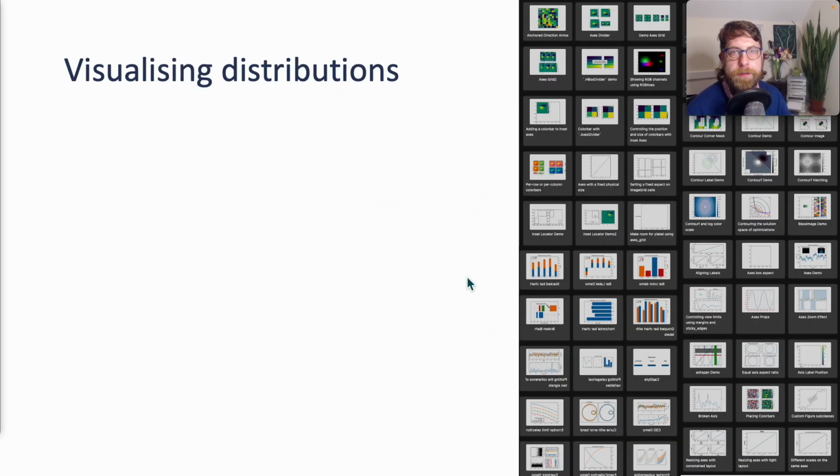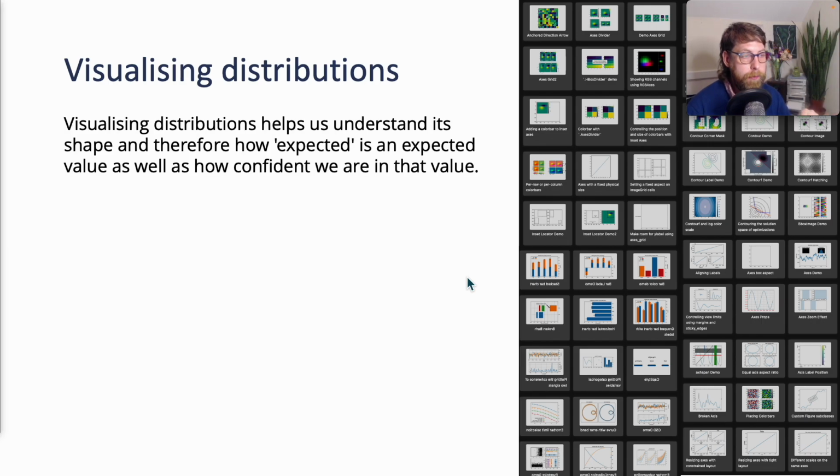If we're visualizing expectations, and in many ways we're really visualizing distributions and a sense of how those distributions may meet or not meet our expectations. Distributions help us understand the shape of a series of measurements, and then we can also get an extent of how expected an expected value is.